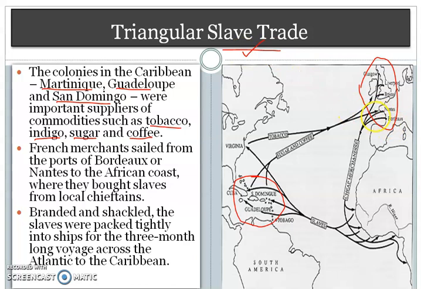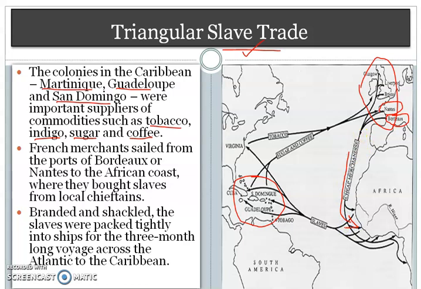What the French merchants did, they sailed from Nantes and Bordeaux. About these ports we discussed in the previous slides. From there, they sailed to the African coast.